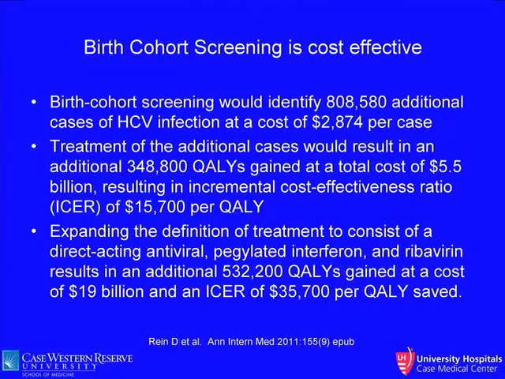But this would cost you about $19 billion. And your increment in cost effectiveness would be about $35,000 per quality adjusted life year saved. All of this is statistical lingo that tells you that it is cost effective to do this, even though it costs a lot of money.